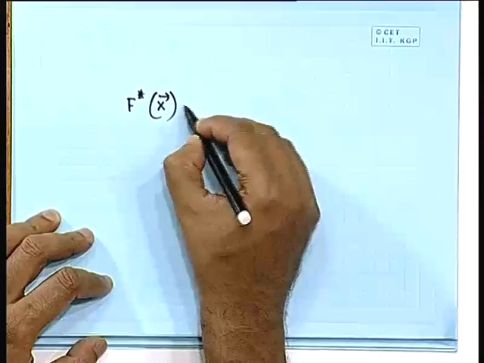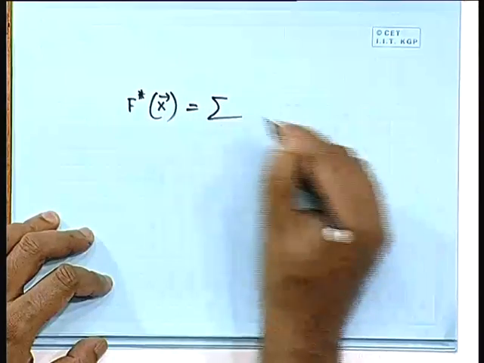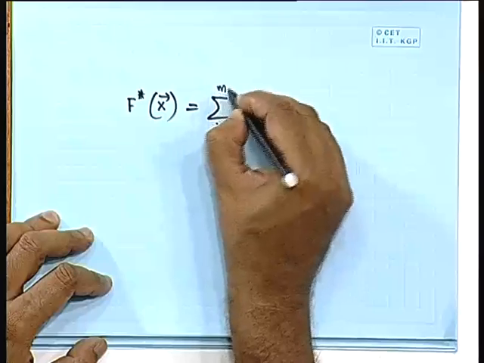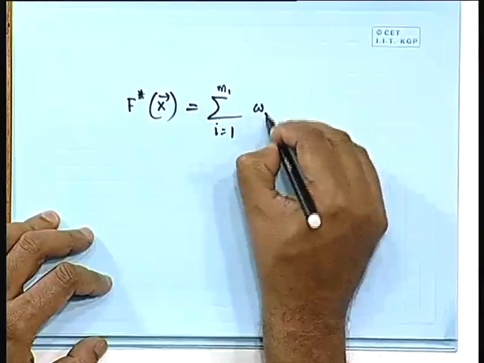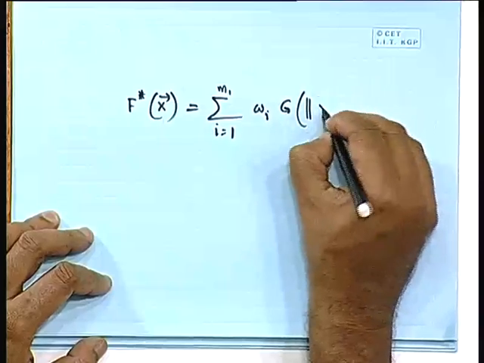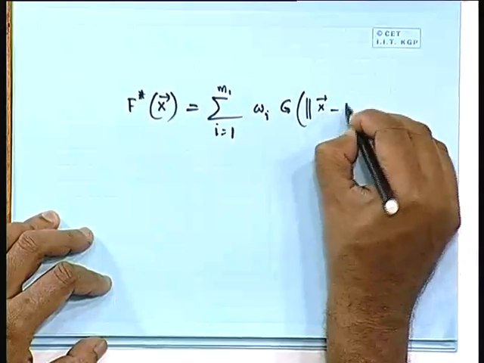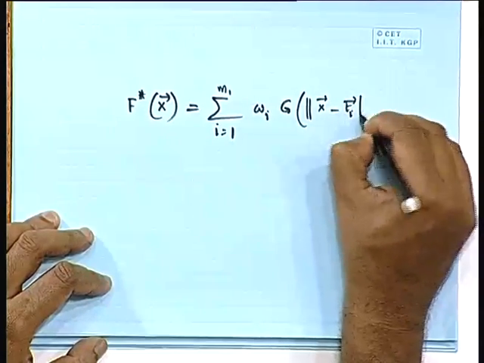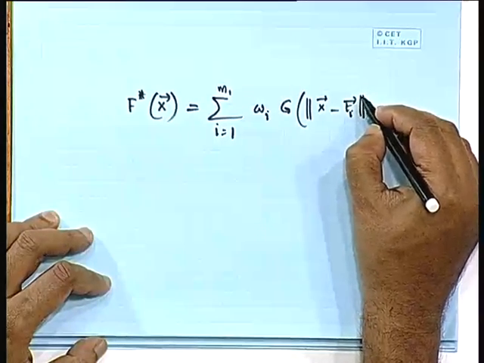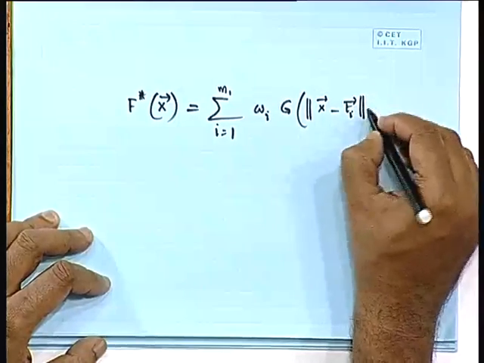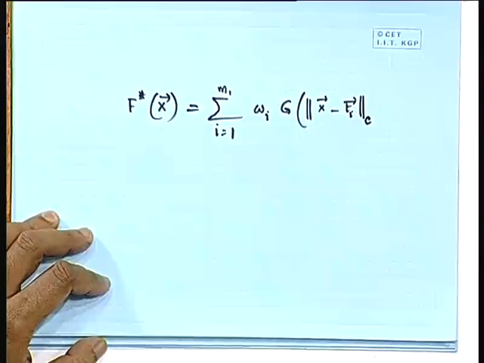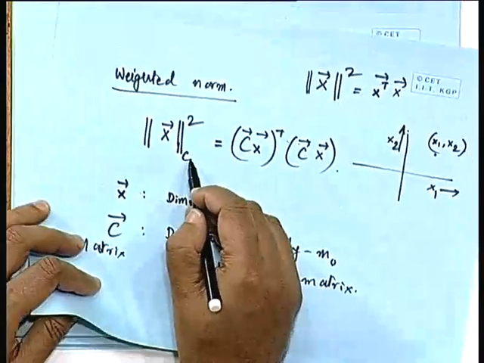And last time what we obtained is that f star of x was written as the summation over i equal to 1 to m1 of wi g, whose argument was the Euclidean norm of x vector minus ti vector. Now, instead of the Euclidean norm, we will write it with the suffix c, just like we did here.